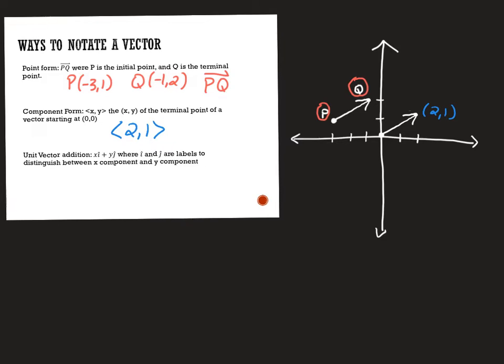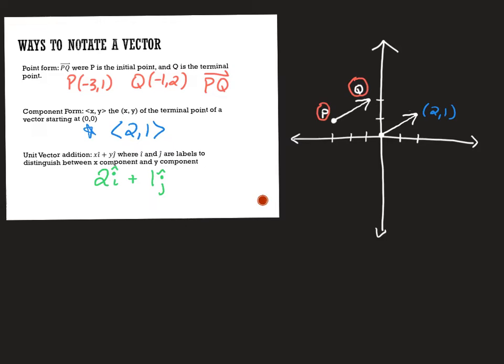And then the other way to write a component form is what's called a unit vector addition. And this just goes back to which textbooks prefer. Most textbooks are going to prefer your component form, but every once in a while you'll see what's called a unit vector addition, and that would be the x component marked with an i plus the y component marked with a j.